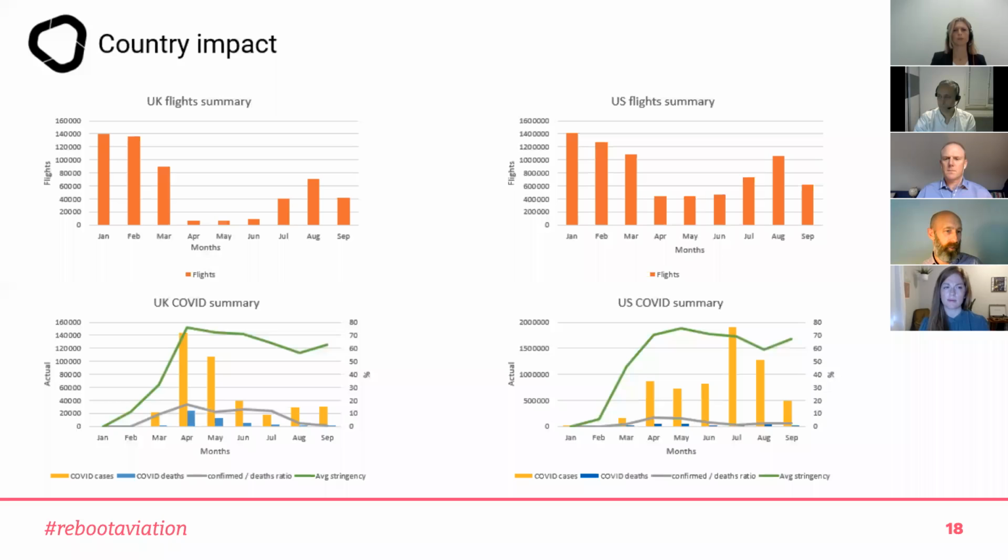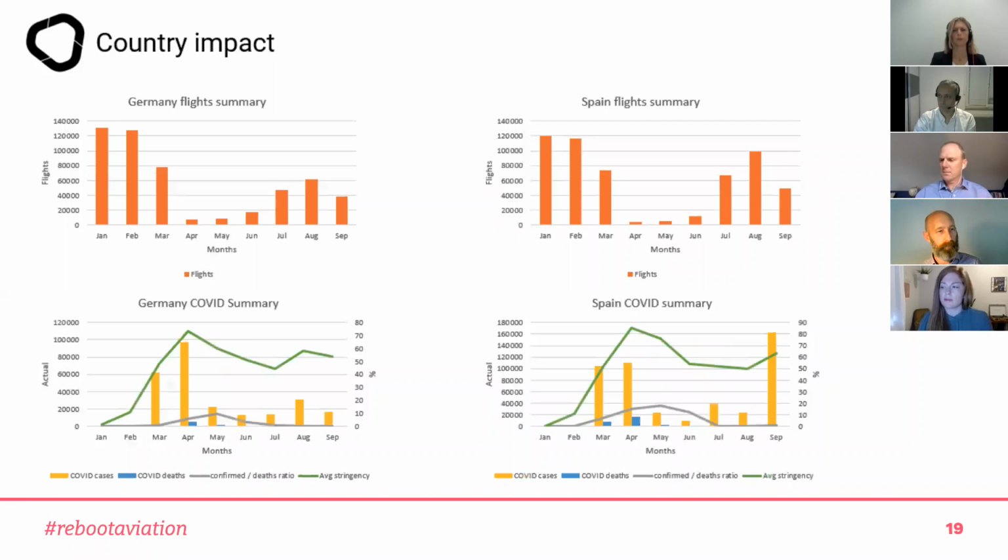But what you do see in the US is that the COVID spike is much later than in Europe, but we're still seeing flight increasing exactly the same as you are in Europe. And the next slide, please. And again here, Germany is very similar to other European countries, but if we picked on Spain as an example, we can see September there's quite a large spike, but at the moment we're not seeing mortality rate increase.